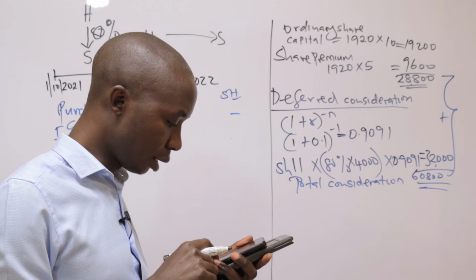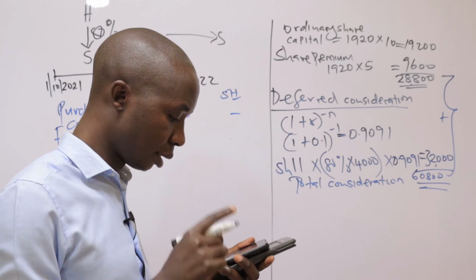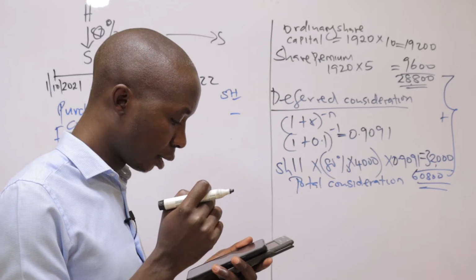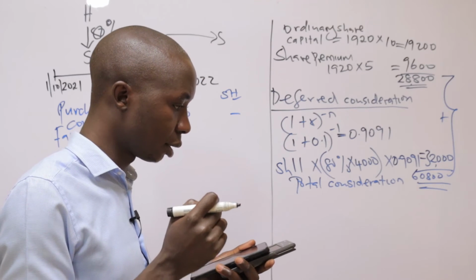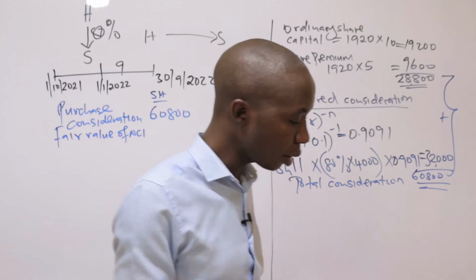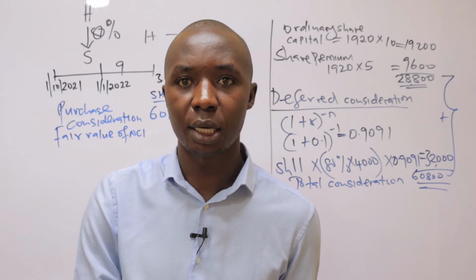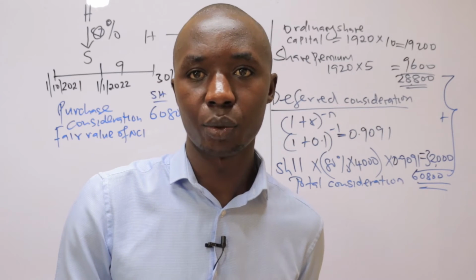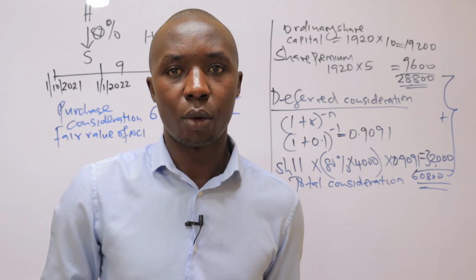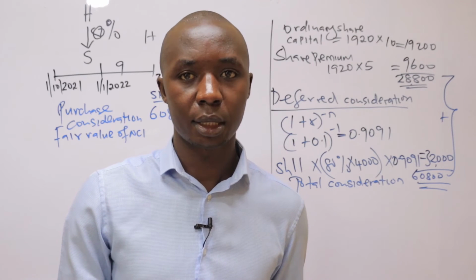They said for this purpose, S Limited's share price as at acquisition can be deemed to be representative of the fair value of the shares held by the non-controlling interest. So meaning that other than being provided with the fair value of the NCI directly, you can be given information which will aid in the determination of that fair value, meaning that we have been given the fair value of the ordinary shares of that subsidiary as at acquisition date.